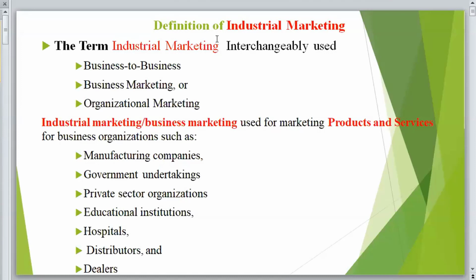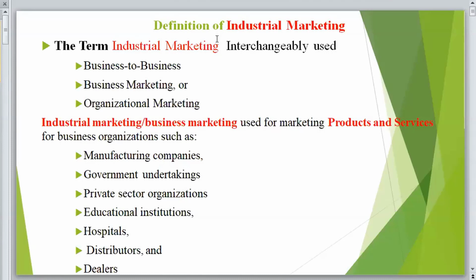Within one organization, there are different departments that require different products. Based on the requests of these departments, the responsible body, which is the purchasing department, collects them and conducts the purchasing process. So in this case, who are the buyers?